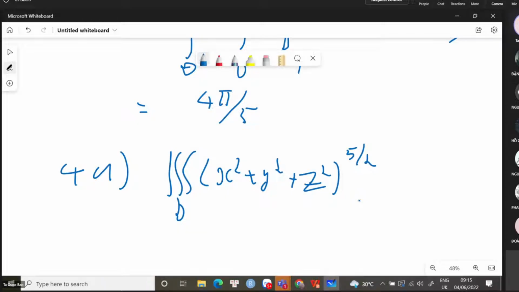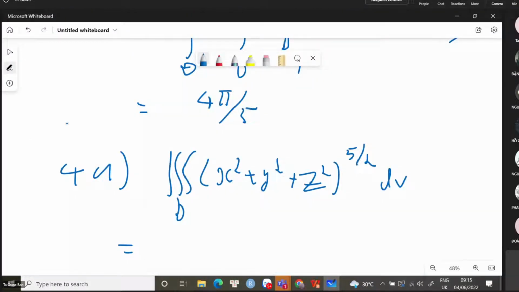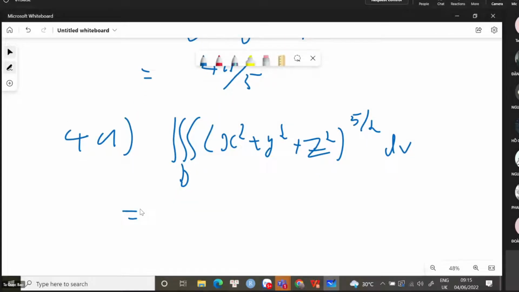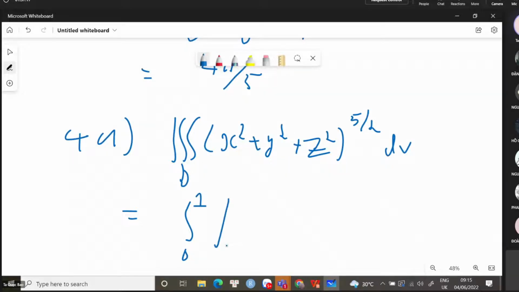So exactly, when we change like this, you get the values: integration from 0 to 1, remember, integration from 0 to 2 pi, integral from 0 to pi.